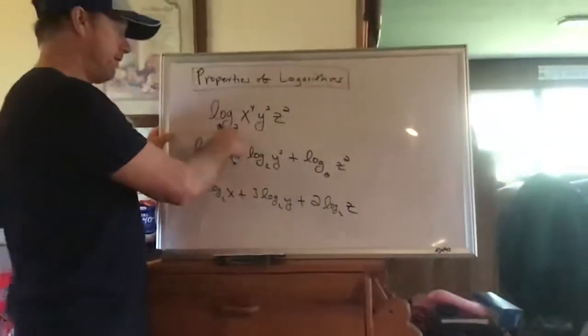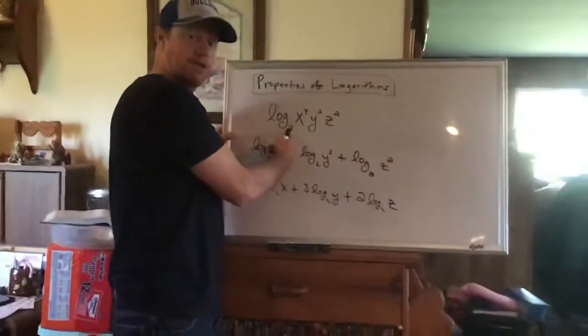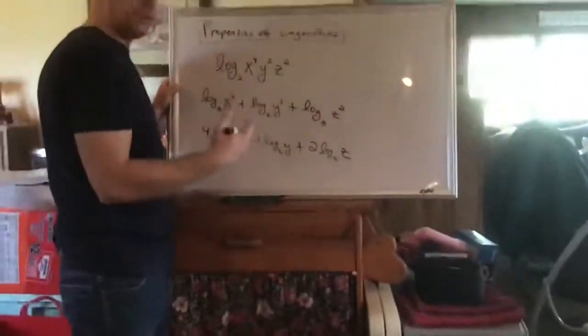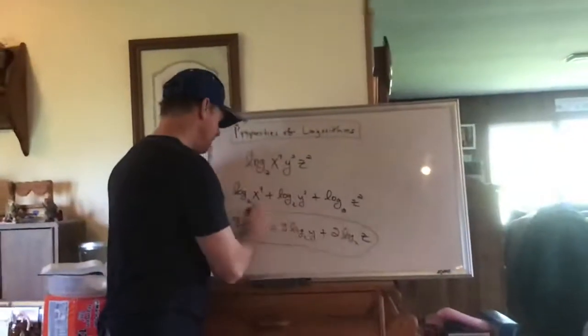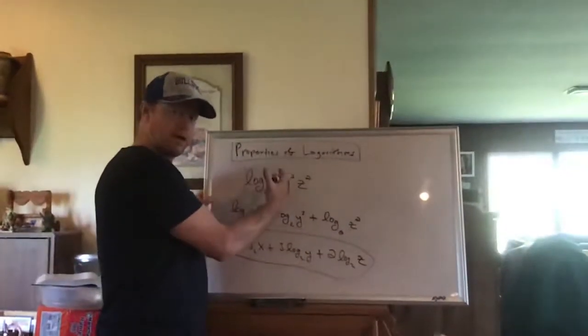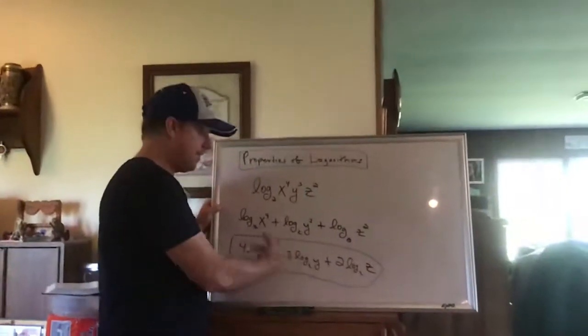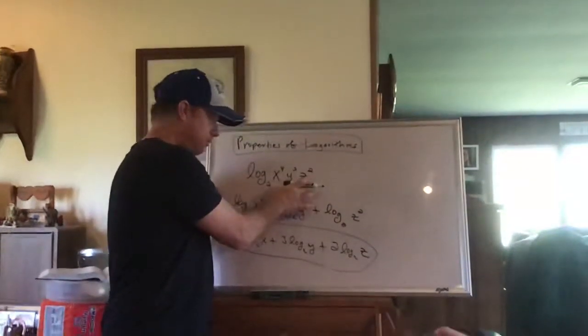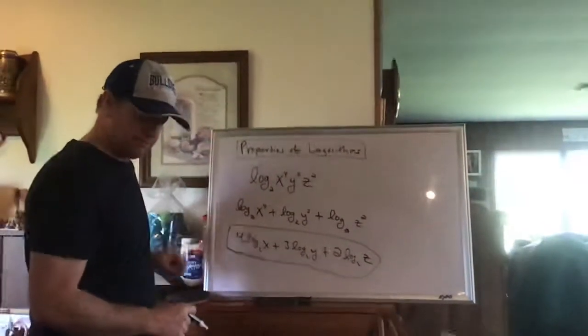As I said, if there's a subscripted number there, you have to keep writing that subscripted number throughout the problem. This is a logarithm that started out as a product, now it's written as a sum. Products, stuff that gets multiplied together, gets sent to addition.